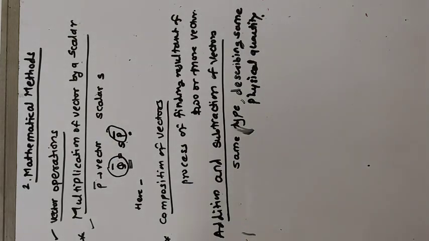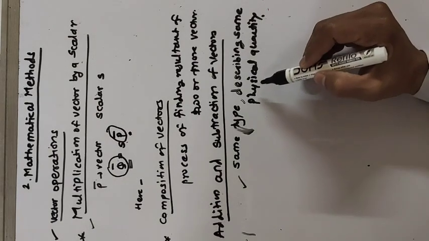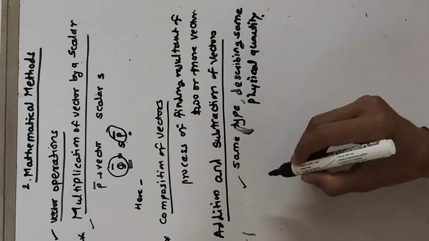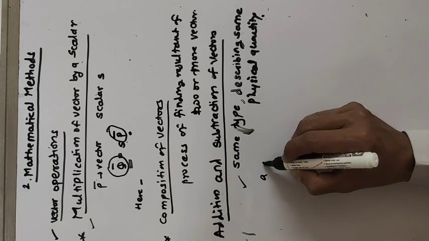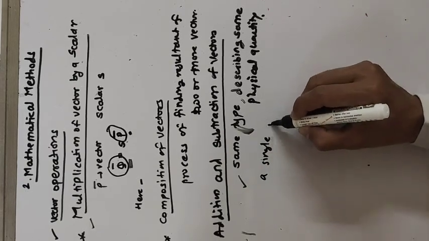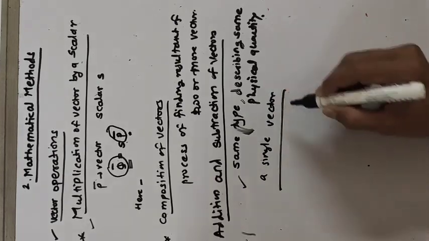The addition and subtraction of two or more vectors of the same type describing the same physical quantity gives rise to a single vector. This is the resultant.